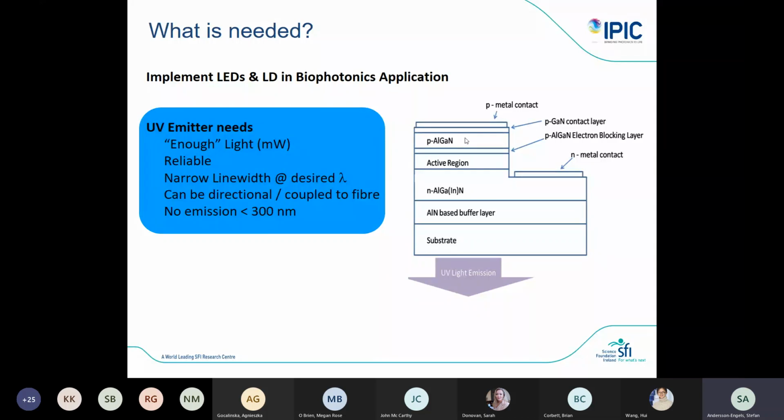It should be able to couple into an optical fiber. And there is an issue with light below 300 nanometer because it can be absorbed by DNA and can be mutagenic. So this is really what we are interested in getting. And these are the type of devices that you're working on to try to meet that ask.